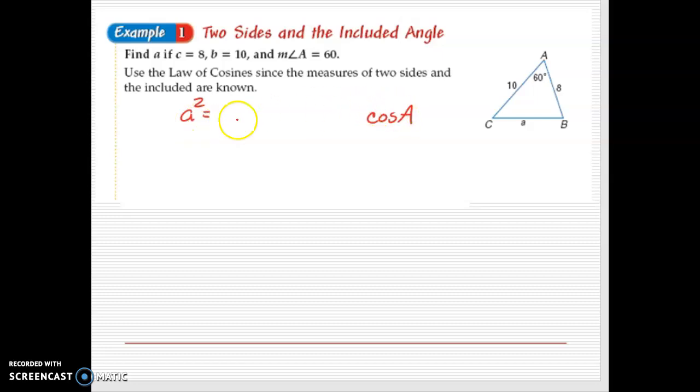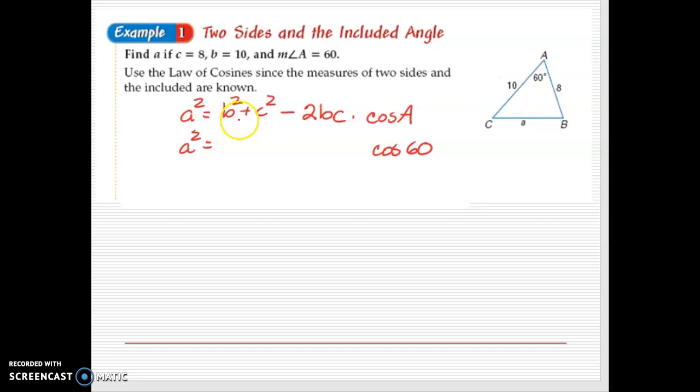So I'm going to have the A's matching, then I've got to have the rest of the Pythagorean theorem, A squared equals B squared plus C squared, minus 2, and then pick these BC's back up, times that cosine of A. So now I've got the whole law of cosines here.